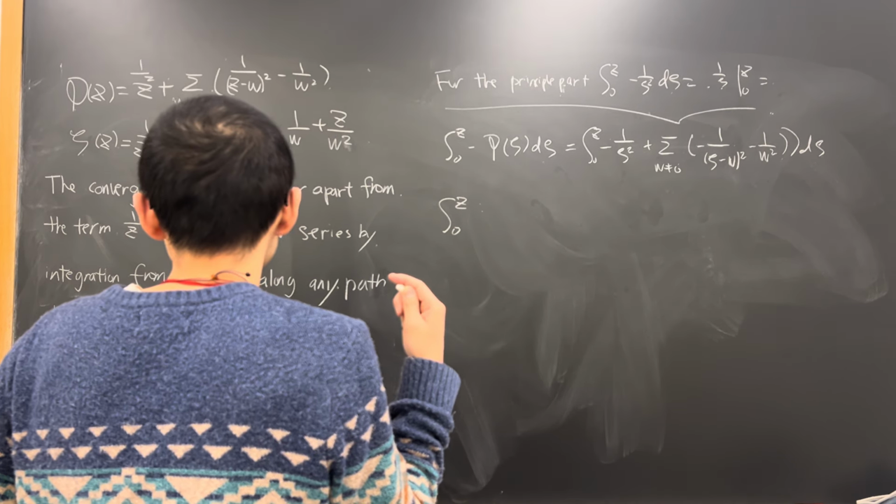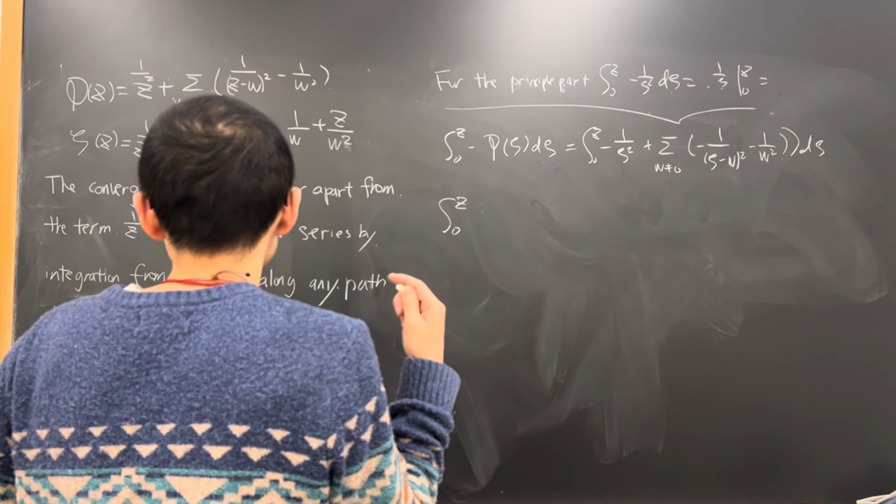Wait. So is the rest part also converges? Yeah, so the rest part is also well-defined. Oh, so the rest part is also a well-defined sequence, right?